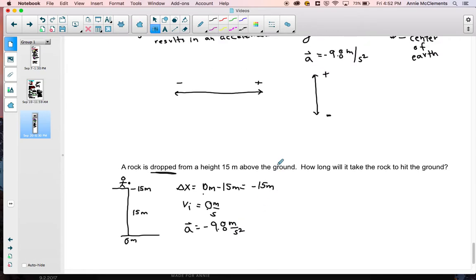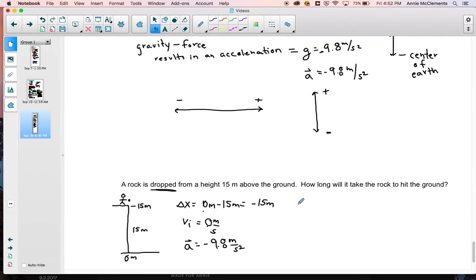All right, so we want to know about delta t, right? We don't really have a delta v possible. We don't know what speed the rock was moving at the bottom here, so we're not going to want that in our equation. But we want to know delta t.